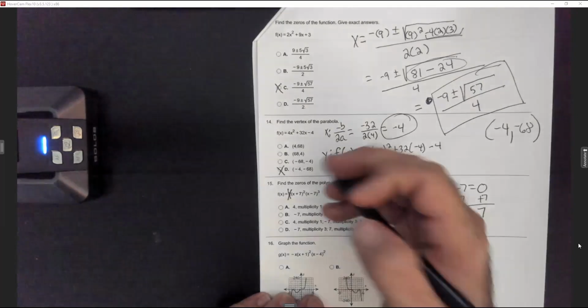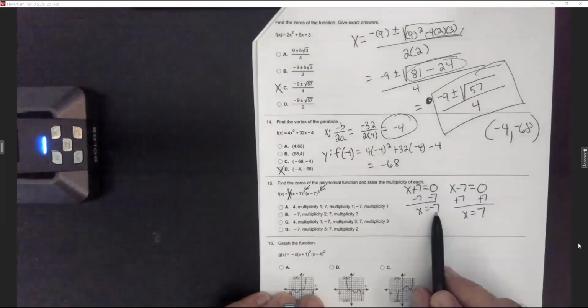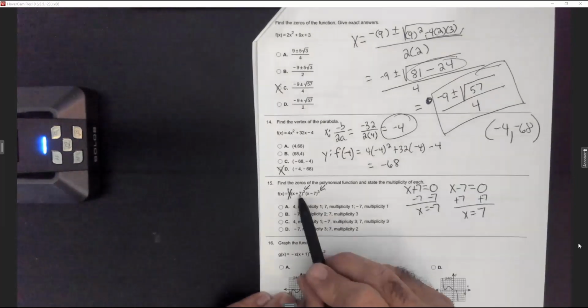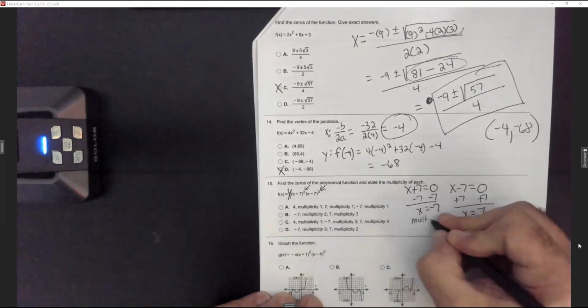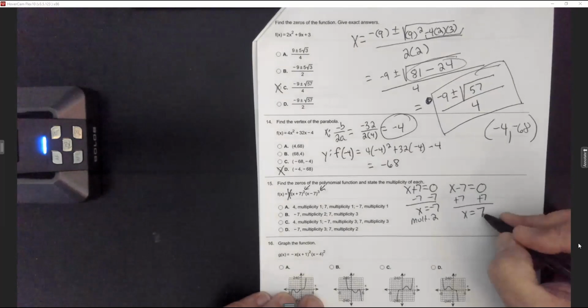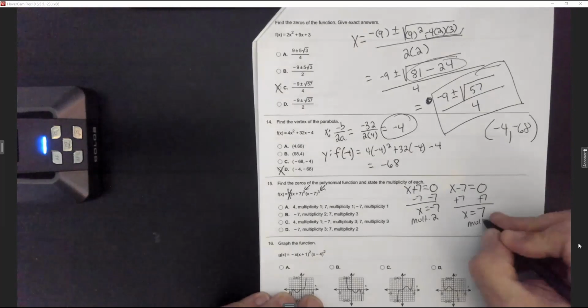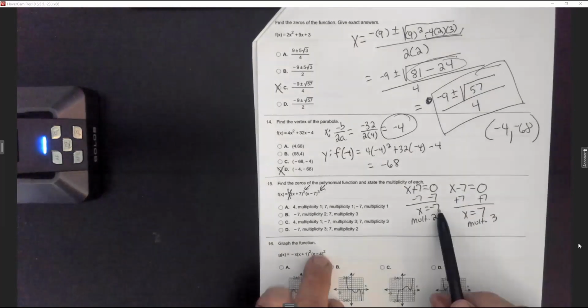The multiplicities are these exponents. So the -7 came from the x plus 7 factor, which has a multiplicity of 2. The 7 came from the x minus 7 factor, and it had a multiplicity of 3. So I want -7, 2.